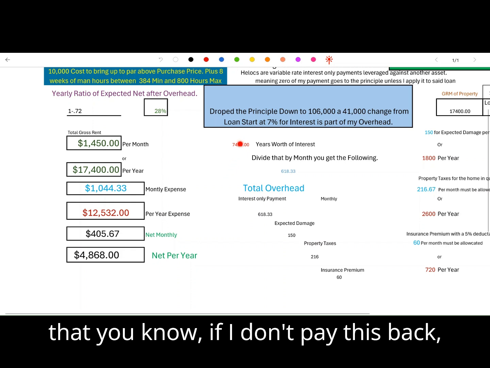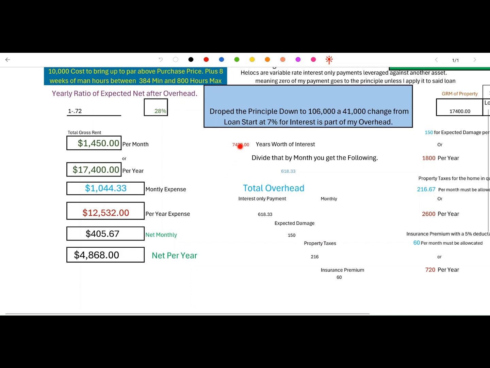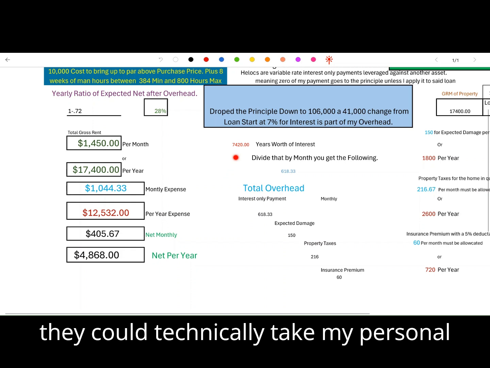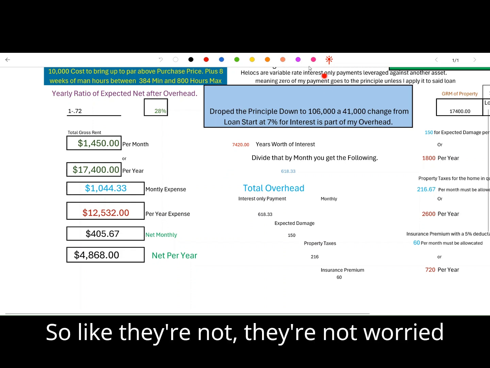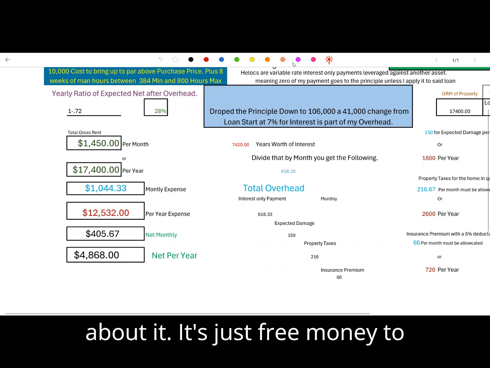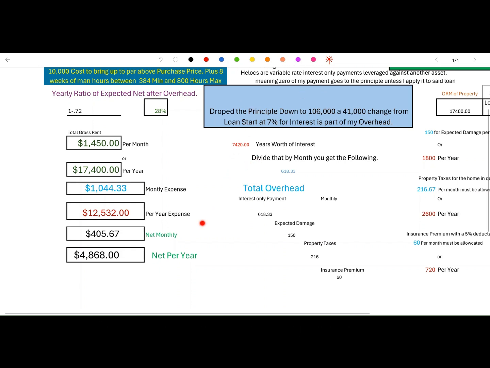If I don't pay this back, they could technically take my personal property as collateral. So they're not worried about it. It's just free money to them.